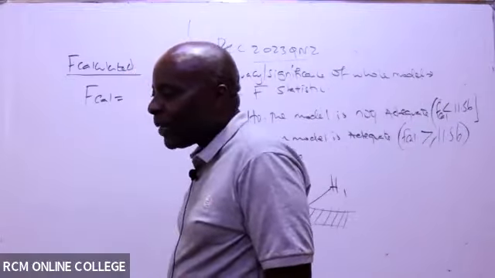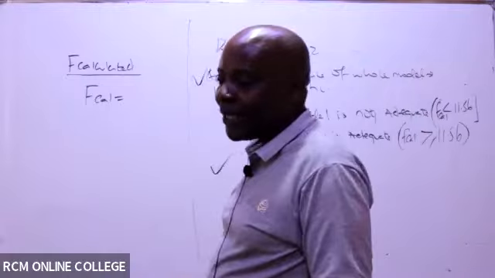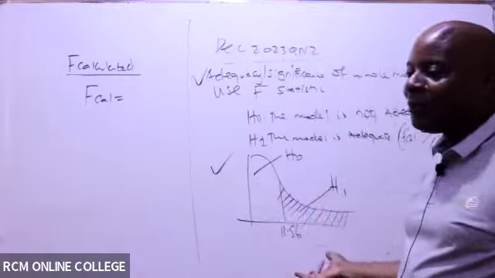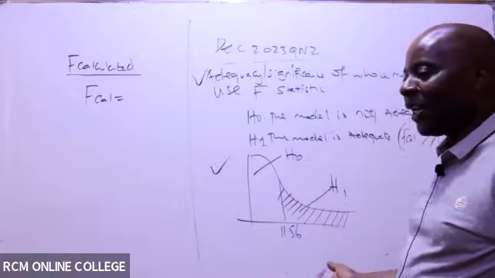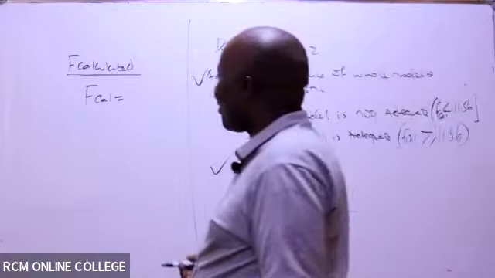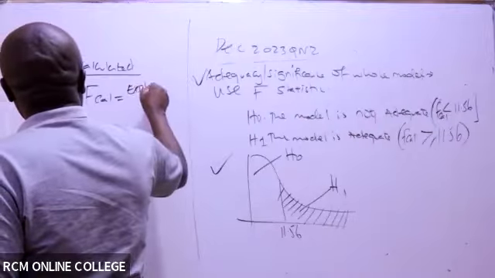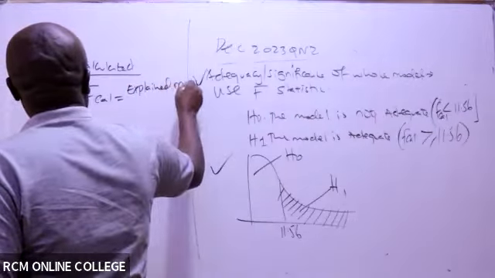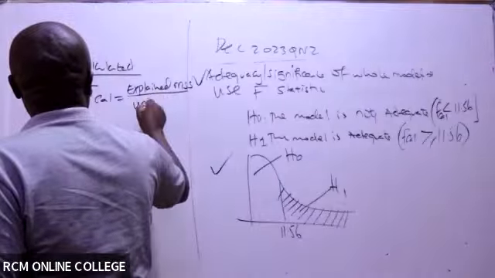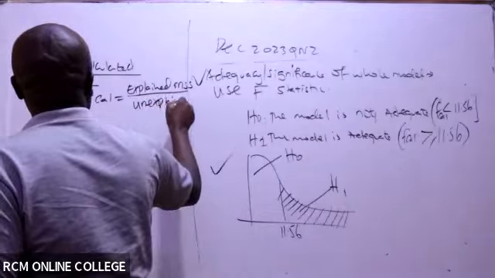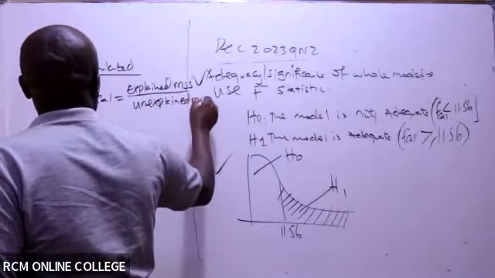Rebecca, for the purpose of scaring this examiner, just draw. Of course, you can do without it, but for the purpose of scaring the examiner, draw. So in this case here, it is explained MSS over unexplained MSS.